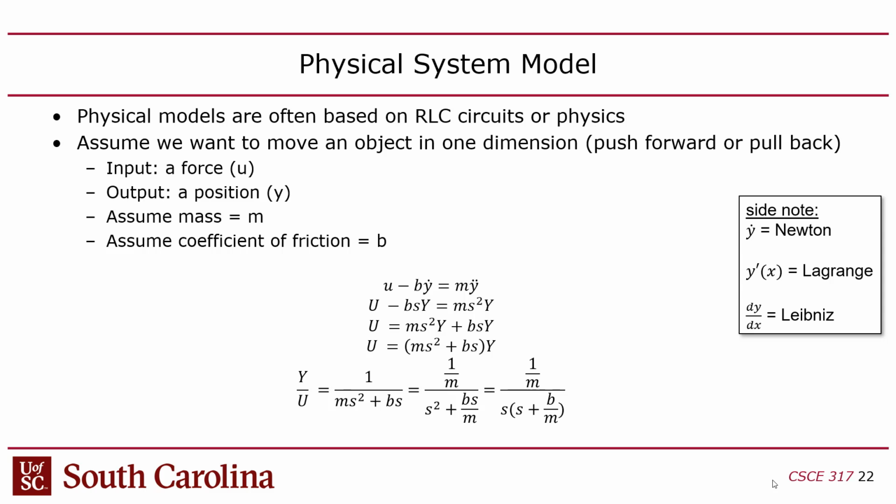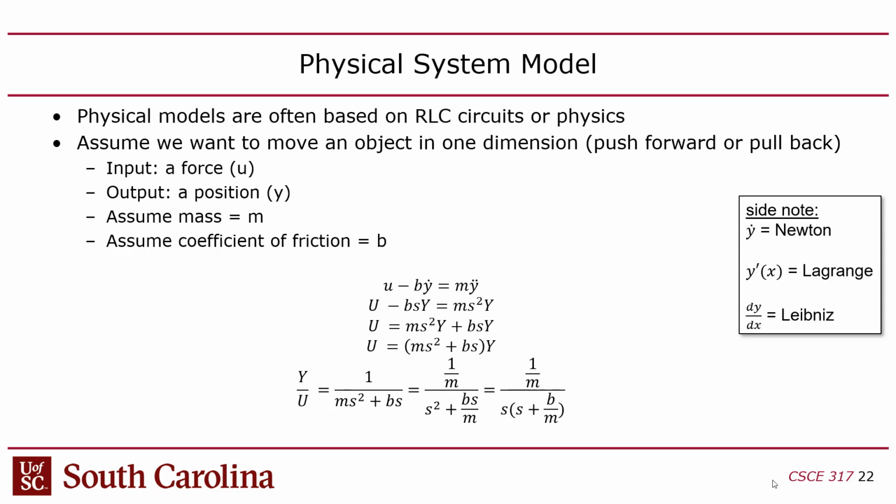Okay, so then in this case, I'm going to take the Laplace transform, so I'm going to capitalize u and y. Notice that this is time domain, this is frequency domain. The y dot goes away, the dot goes away and is replaced by s. And the dot dot goes away and is replaced by s squared, second derivative, right?